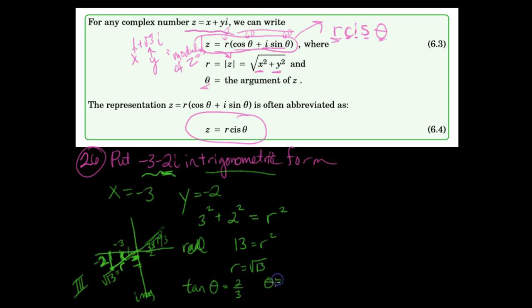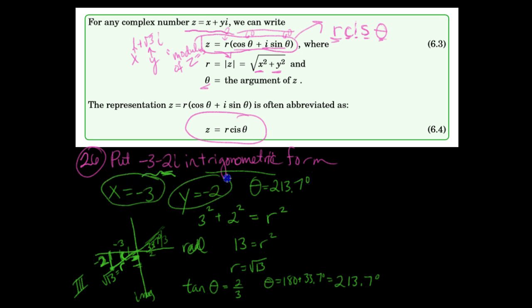So theta is going to equal 180 degrees plus 33.7 degrees. And that should equal, let's see if we do our math right, 213.7 degrees. So now I found my theta, which is 213.7 degrees. I know my x value, I know my y value, which helped me find my r value.